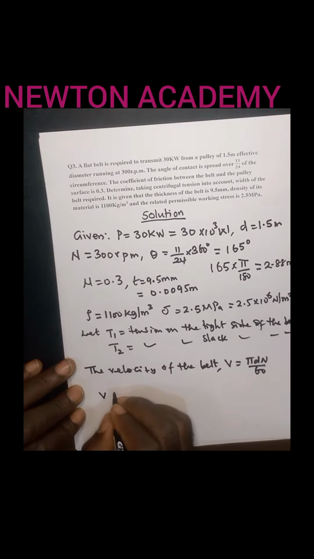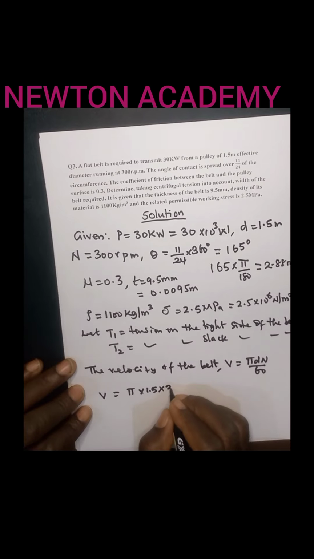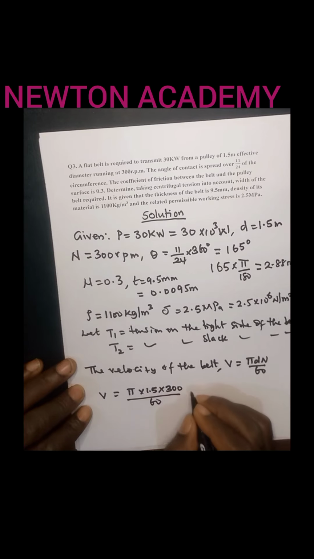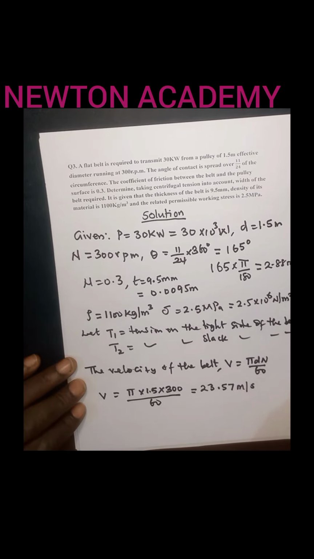We'll substitute: V is equal to pi times 1.5 multiply 300 divided by 60, and when we evaluate this, this will give us 23.57 meter per second.